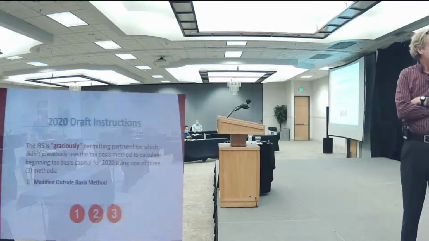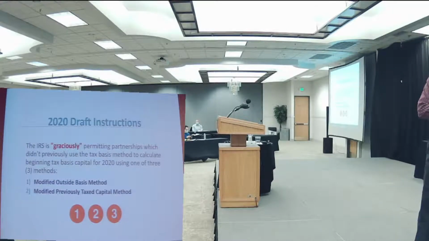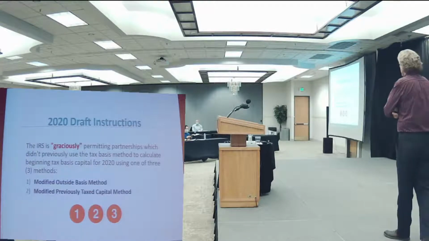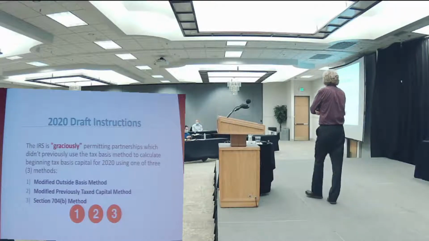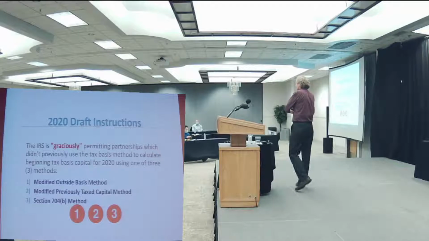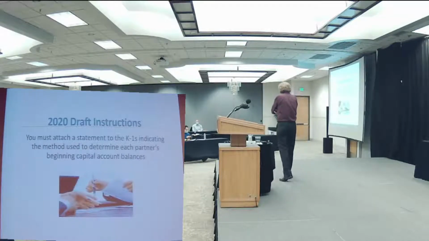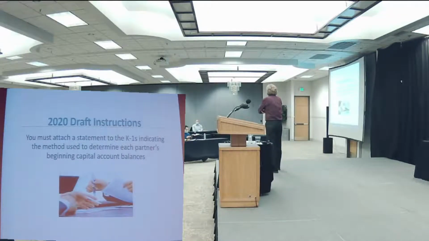The modified outside basis, the modified previously taxed capital method, and the Section 704(b) method. You choose one of those methods to use for your beginning 2020 tax capital.